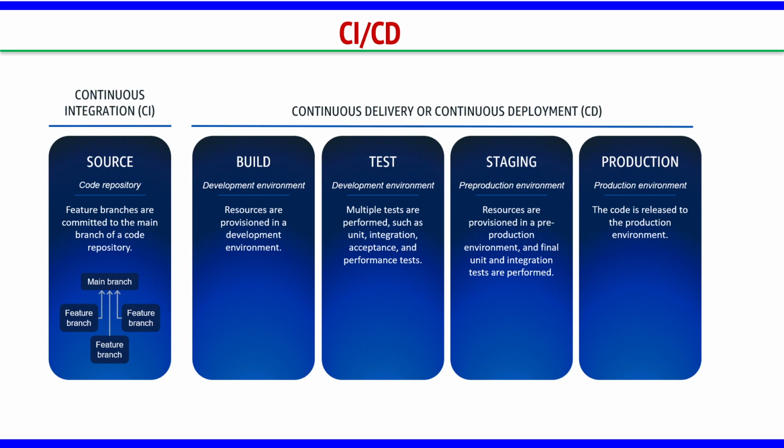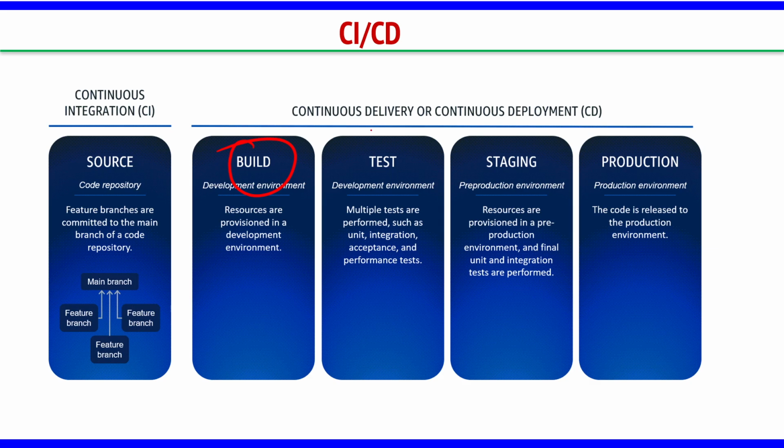In integration we only talk about merging different code branches, different feature branches, to the main branch. How do we do it? Automatically. Whereas in delivery or deployment, we build the code, meaning converting it from the readable format to a runnable format, a format which is readily available for deployment, right?